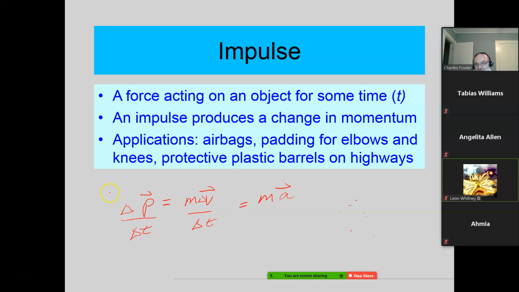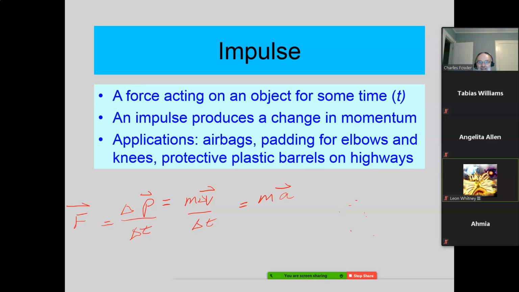Well, guess what this is? Your time rate of change of momentum is another way to talk about your force. That's where you get Newton's second law. Newton didn't refer to it, I don't think, in terms of mass times acceleration. He referred to it as the time rate of change of momentum, or his quantity of motion.